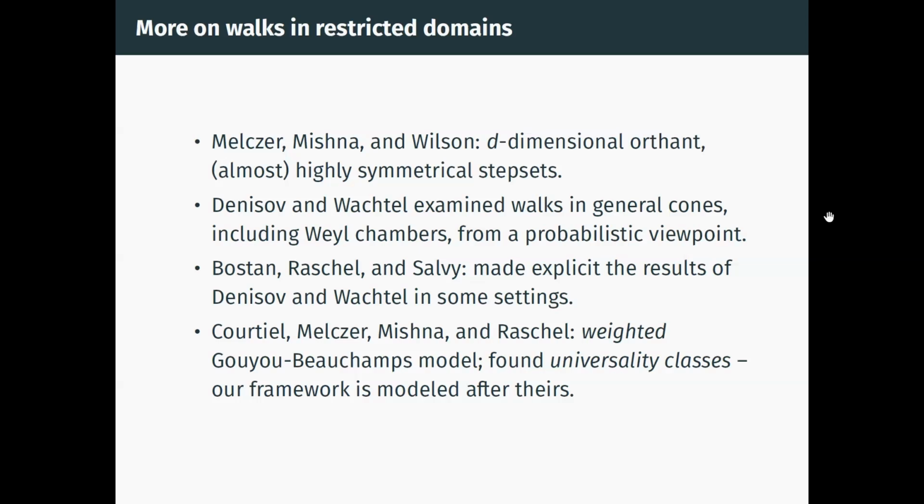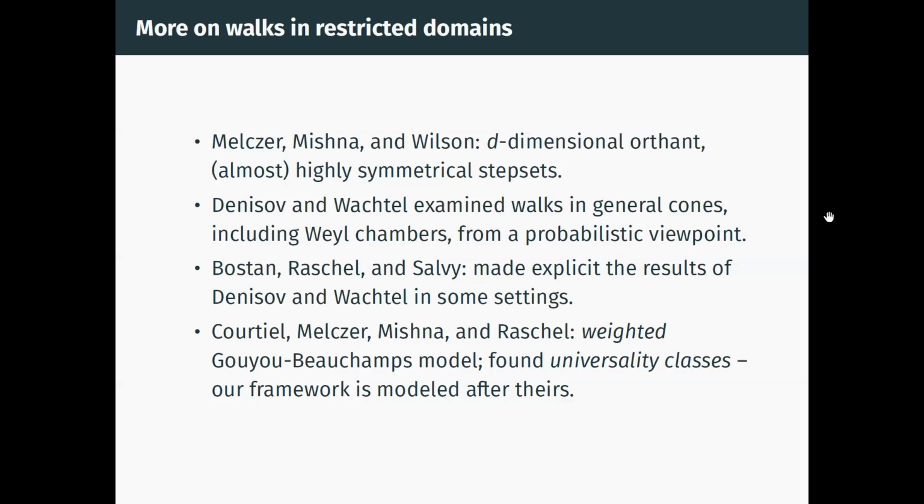And then there also has been work on more general cone types, often from a probabilistic viewpoint. In terms of ACSV, that has the challenge that some of the formulas that come out of here aren't as explicit as the ACSV formulas of seeing the constant term, the exponential growth rate, and then the sub-exponential term. Instead, they're often phrased in terms of other functions or operators.